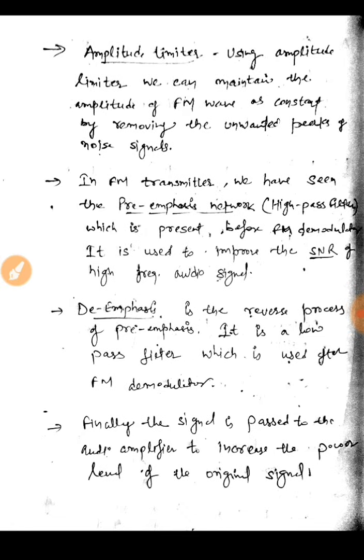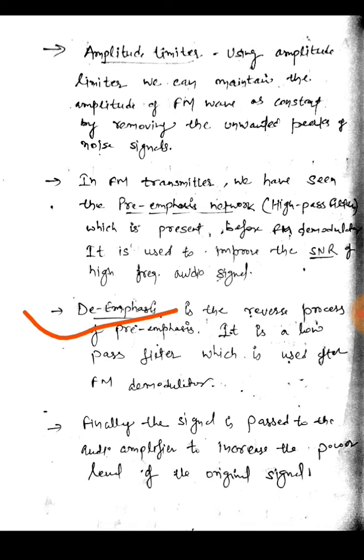It is the reverse process of pre-emphasis, used after the FM demodulator to get the original modulating signal, or the audio signal in this case.